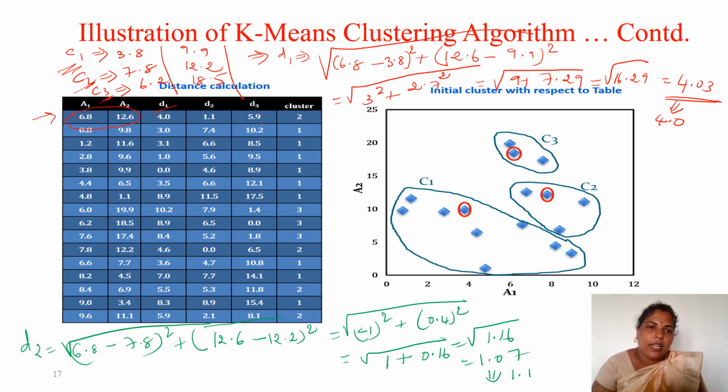Here you see it is 1.1. Likewise, you find D3 for this record and C3, and the distance obtained is 5.9.